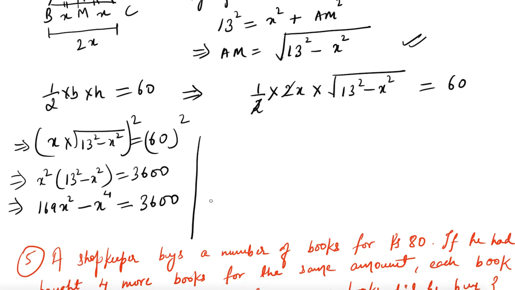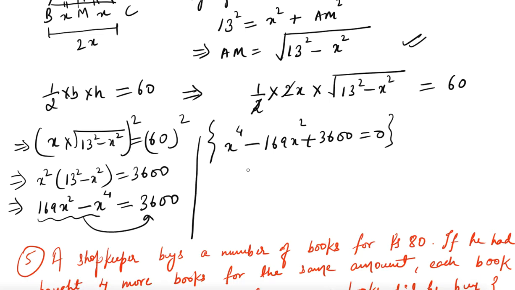So finally I can write, after rearranging the terms, x to the power 4 minus 169 x square plus 3600 is equal to 0. Correct? I made both of these terms come to the RHS. So x to the power 4 minus 169 x square plus 3600 is equal to 0. So my first question, is this a quadratic?